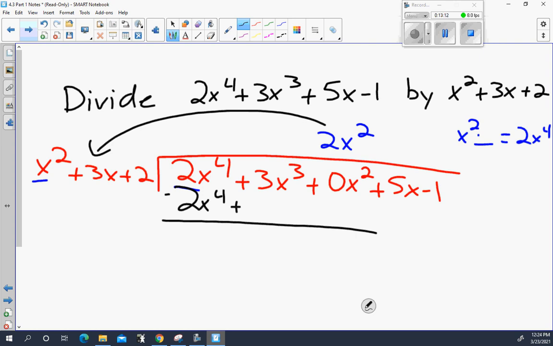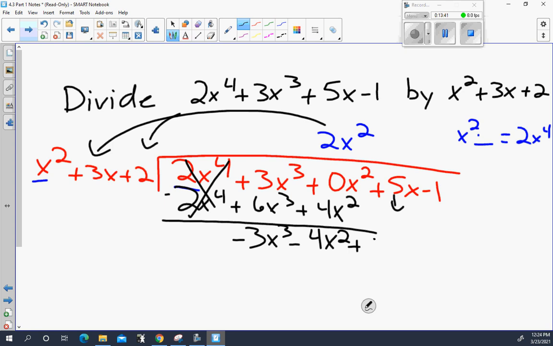It is 6x to the 3rd. And then 2x squared times 2 is 4x squared. 2x to the 4th cancel out. That's perfect. What is 3x to the 3rd minus 6x to the 3rd? That is negative 3x to the 3rd. 0x squared minus 4x squared is negative 4x squared. And now I'm just going to drop down the plus 5x.